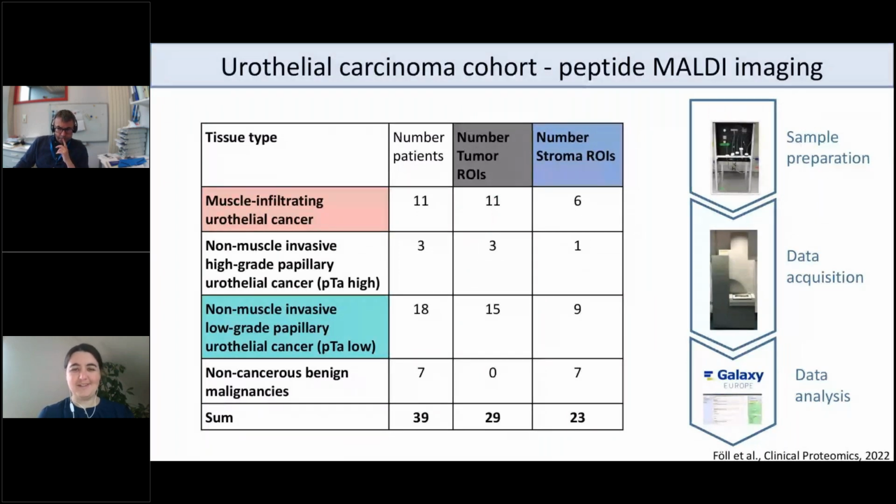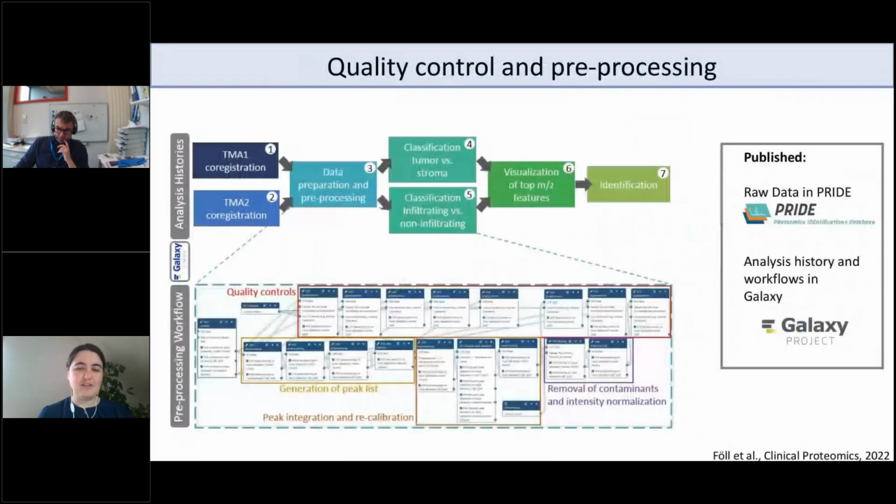What is important is we could use these Galaxy workflows and generate 7 different Galaxy histories and share the raw data and the whole analysis history. And to our knowledge, this is really for the first time that mass spectrometry imaging of clinical tissue samples was made so transparent that everyone can look up every step of the data analysis and even reuse the raw data.